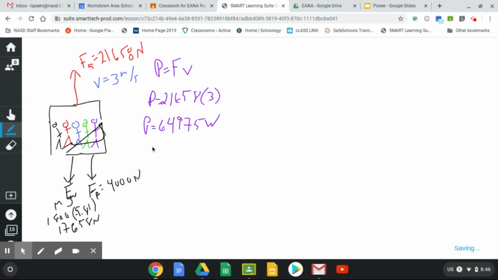So the size of the motor would probably be 65 kilowatts. Again, 1,000 watts make a kilowatt, so 64,975 watts is about 65 kilowatts.